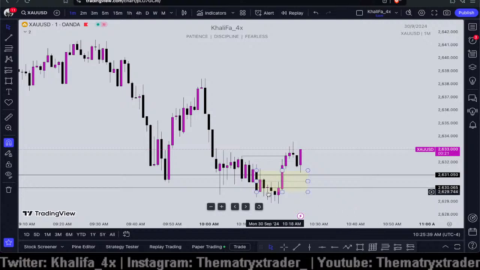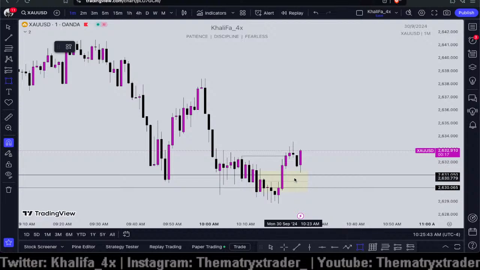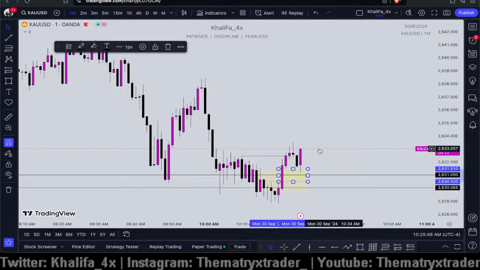Okay, it did give us a real nice entry from this breaker block overlapping the fair value gap.